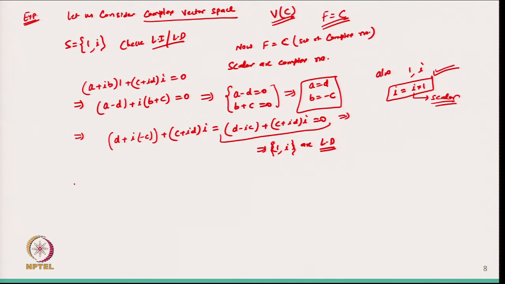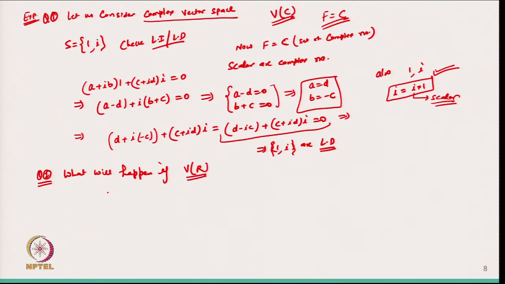Now, the same question, it is question number 1, I can write question number 2. What will happen if we take the vector space V over the real line?